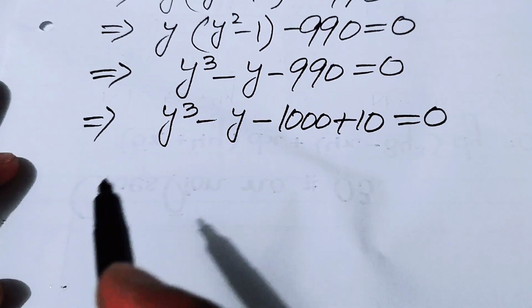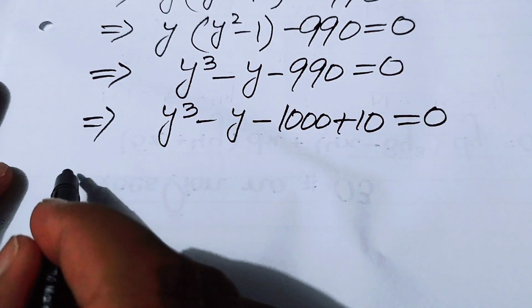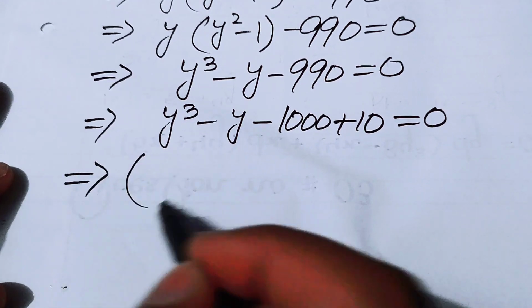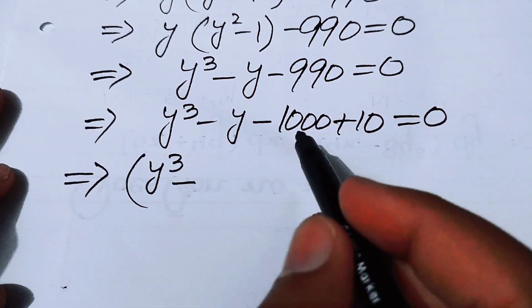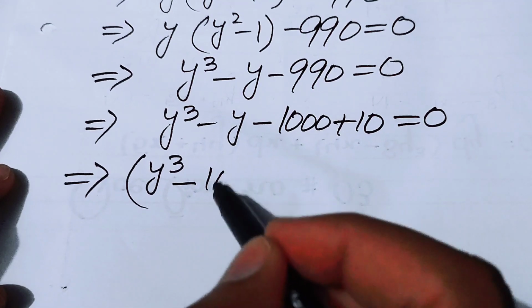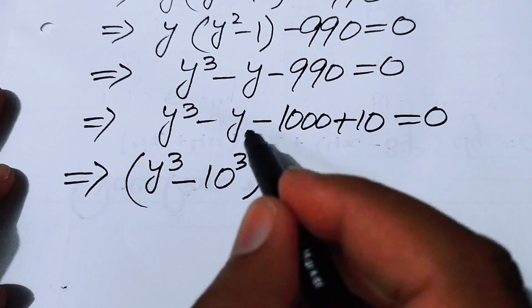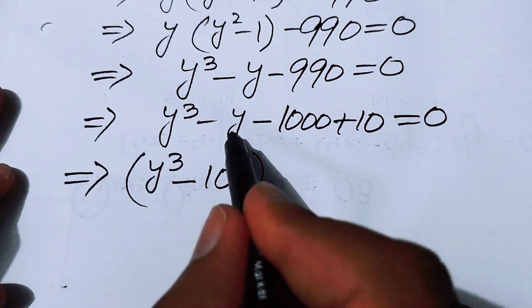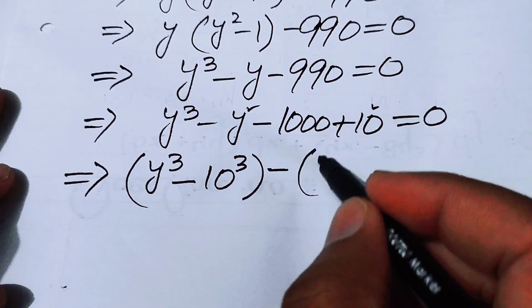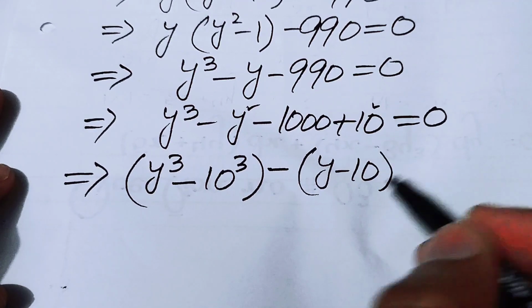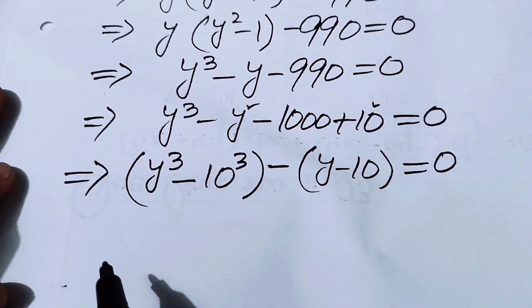Now we rearrange the terms and make pairs of the cubic terms and the other terms. So here the first cubic term is y cubed, and 1000 we can write as 10 cubed, and we take a common minus sign from these two terms y and 10, and you get minus times (y - 10) = 0.